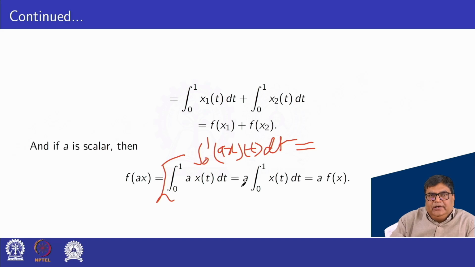And this can be written as a times the integral from 0 to 1 of x(t) dt, because a is outside the integral, as a is independent of t. So a times the integral from 0 to 1 of x(t) dt can be written as a times f of x.